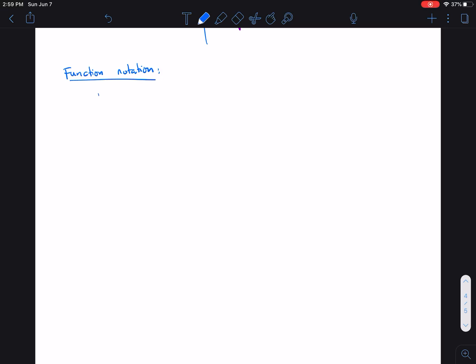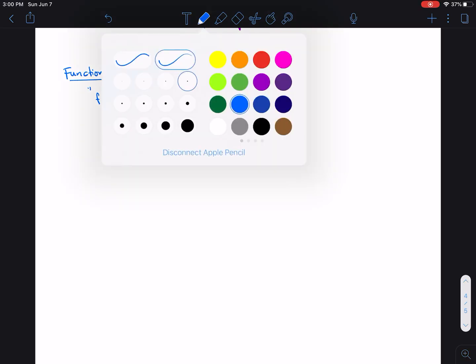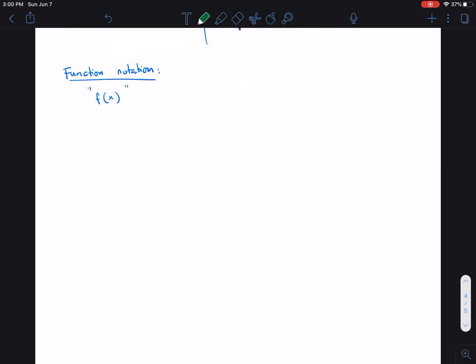The way we read it, we pronounce it as f of x, not f times x, f of x. The x acts as the input for the function, for the equation.